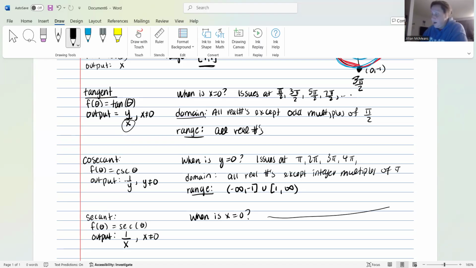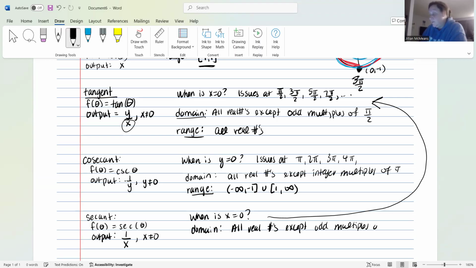We already know that x is 0 here. So we would say the domain for secant is the same as the domain for tangent. Okay, we would say it's all real numbers except odd multiples of pi over 2. And the range is the same as cosecant.